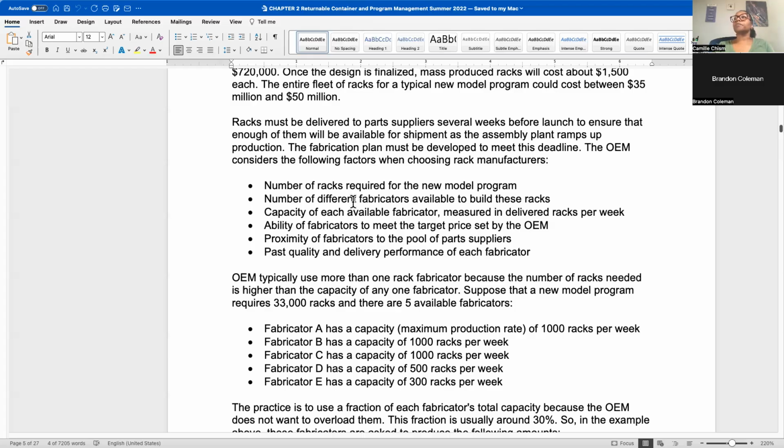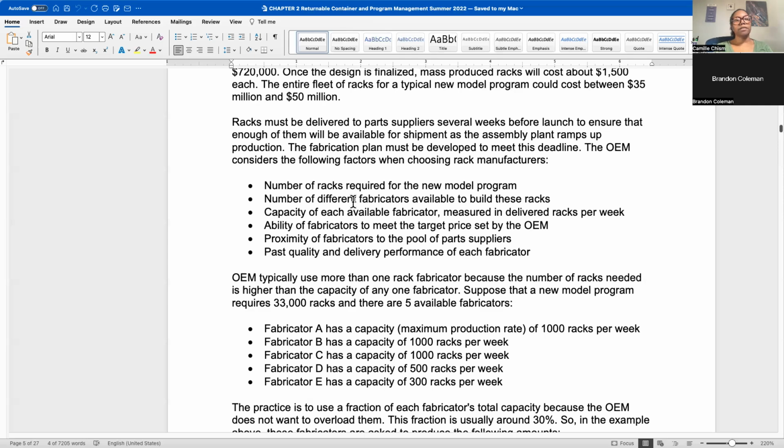Okay, so the racks cannot be built all at once. They probably can't be built by just one supplier. Like I said, they're welded, there's a lot of manual labor. The other thing is that if they could build all these 1,000 racks at once, where are they gonna go? They're not gonna fit in the building.